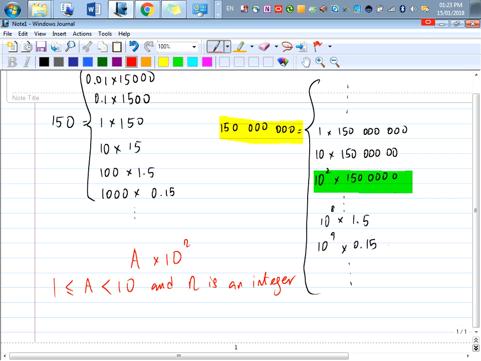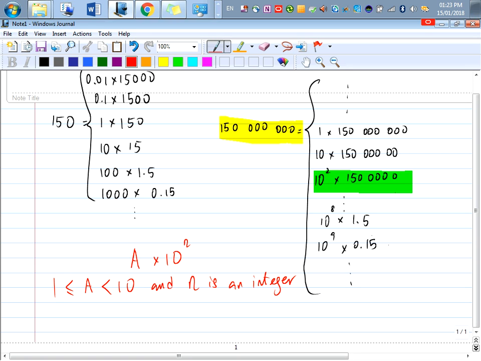Does it fall between 1 and 10, including 1? Yes. What is then the smallest number that we can have for a? 1. Can I go smaller than that? I can't. If I go smaller than 1, it is no longer in standard form.